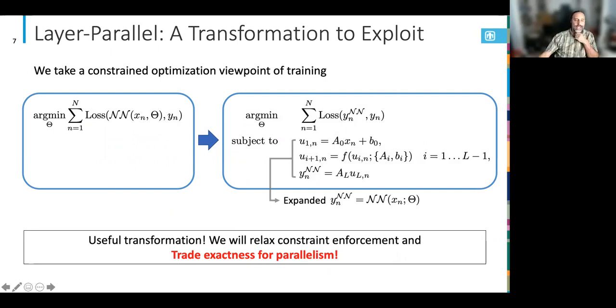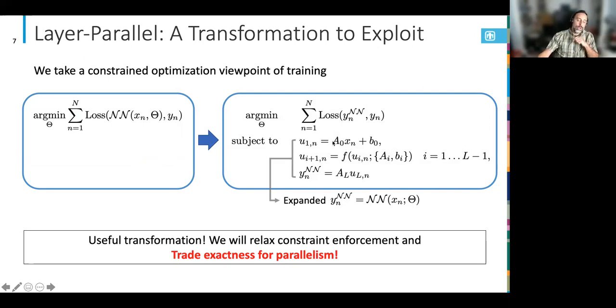The idea here is to take the loss that we have and say, oh, well, this neural network evaluation, we can replace that with the output y here. Okay, so all I've done is take this neural network that I wrote here and write it now as a constrained optimization problem. This training problem is a constrained optimization problem where I have unrolled the neural network in the constraint.